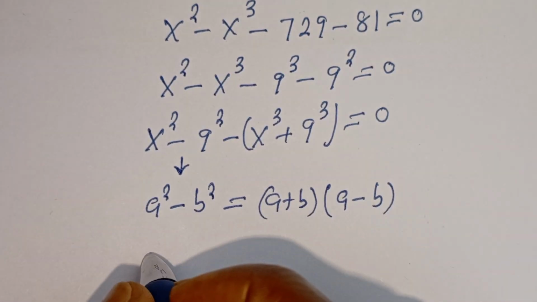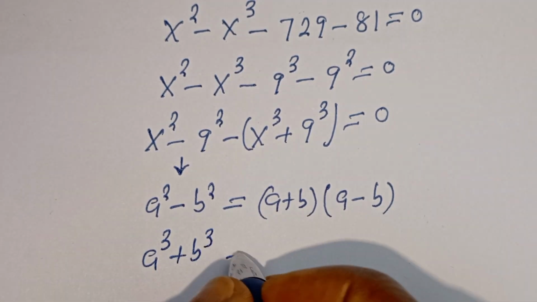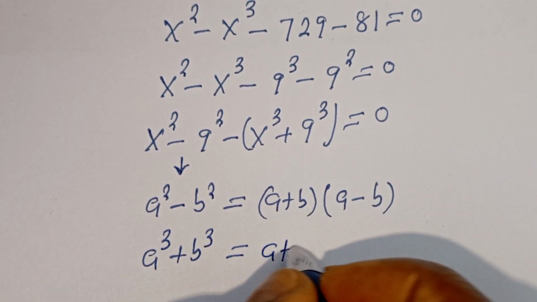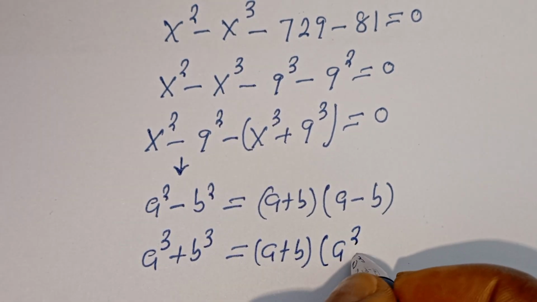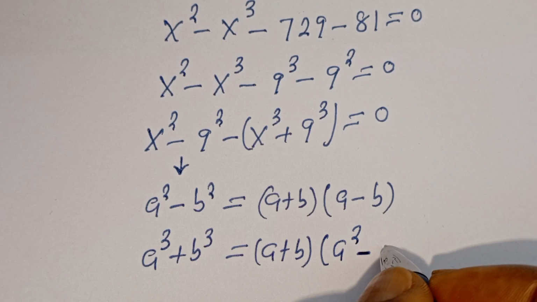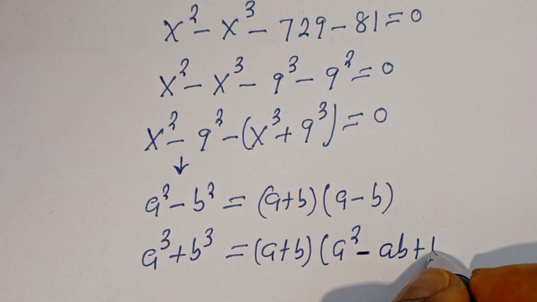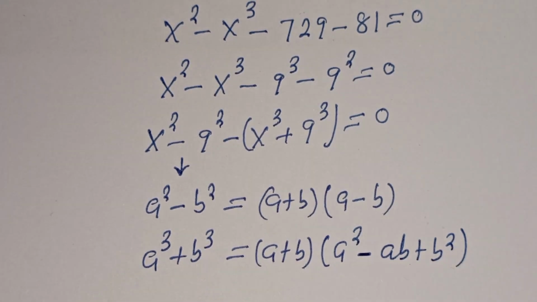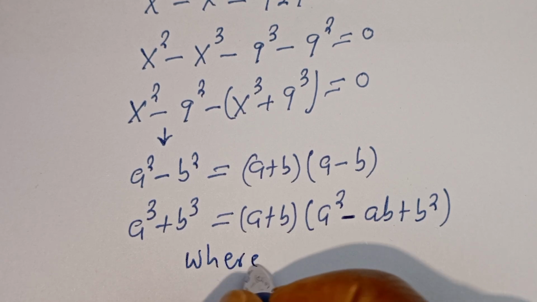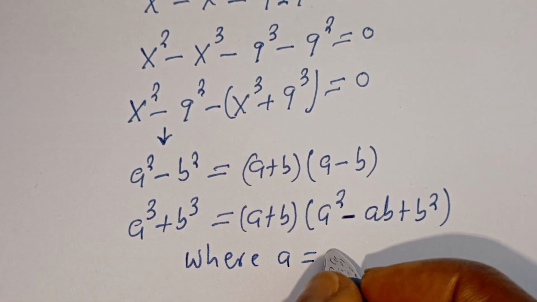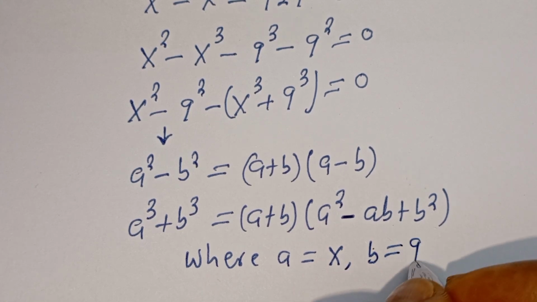Then if you have a to the power of 3 plus b to the power of 3, this is equal to a plus b bracket a squared minus ab plus b squared, where a is equal to s and b is equal to 9.